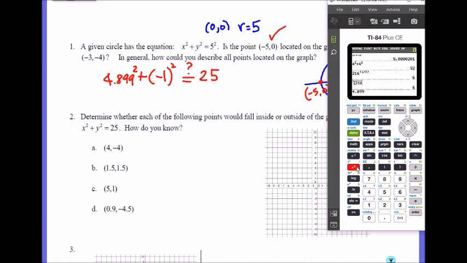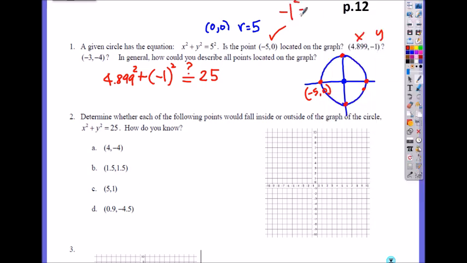4.899 squared plus, guys, what is negative 1 squared? Can I just put negative 1 squared? No, negative 1 squared is negative 1. You have to put parentheses square, which is 1. Because here, they do the exponent first, which is 1, and they multiply by negative 1 at the end. So make sure you either put parentheses or negative square always becomes what?